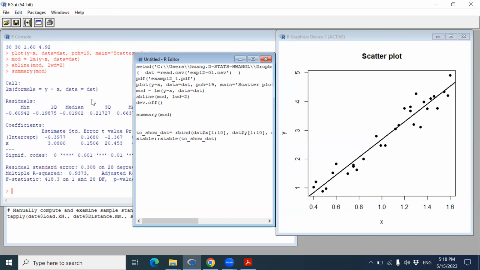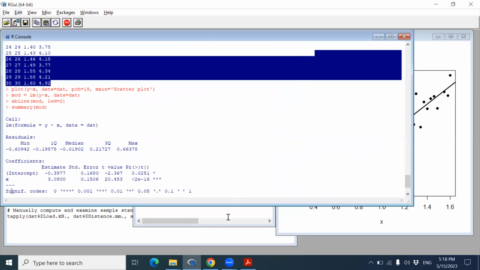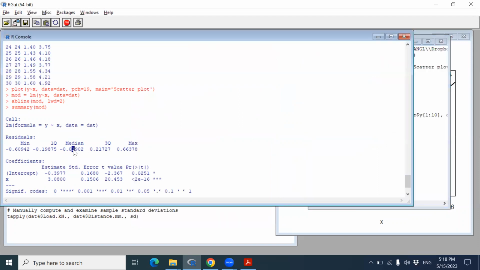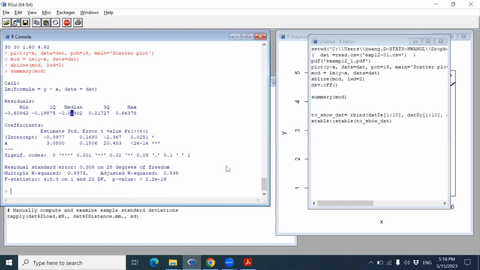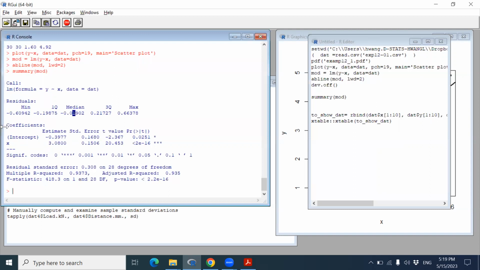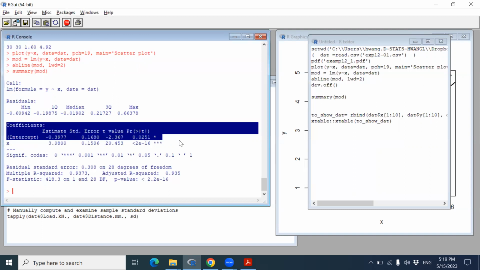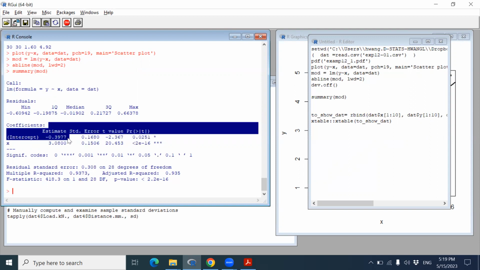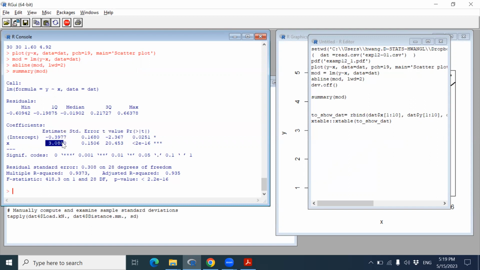So call summary, and you will see this output. In the output, you have the residuals and also this analysis, the coefficient table here. And in the coefficient table, you see the intercept, which is the beta 0. So here, 0.0339, that's the beta 0. And this part is the beta 1 estimate, beta 1 hat.